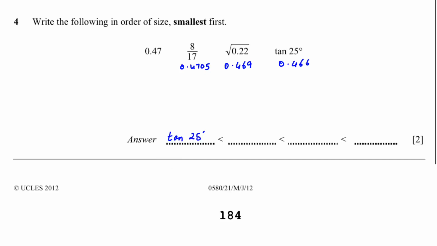We always have to use the terms that are given to us, not the decimal form which we get. And then it is square root 0.22. This number is 0.4700 and this is 0.4705. So 0.47 is smaller, and then 8 over 17.